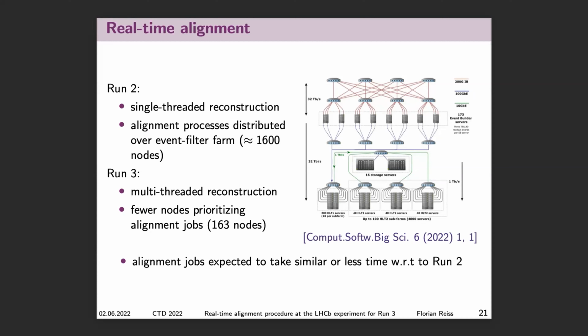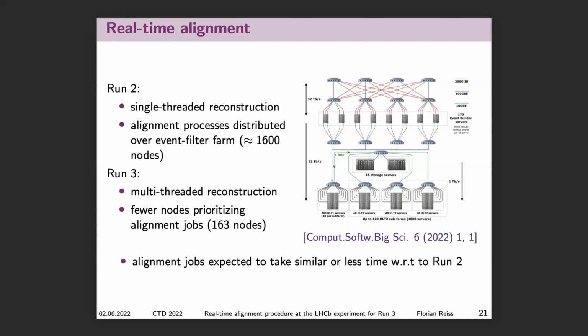Now in Run3, we can make use of this huge speed up we have in the HLT2 reconstruction, and also the fact that it's now running using multiple threads. So we can use fewer nodes, and the current number is around 160.